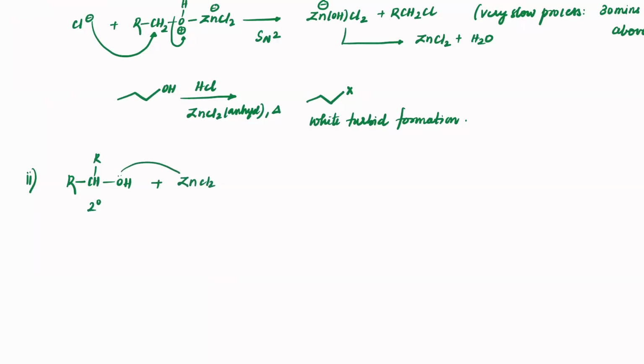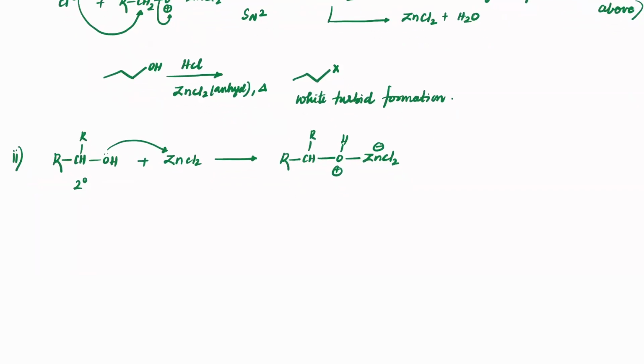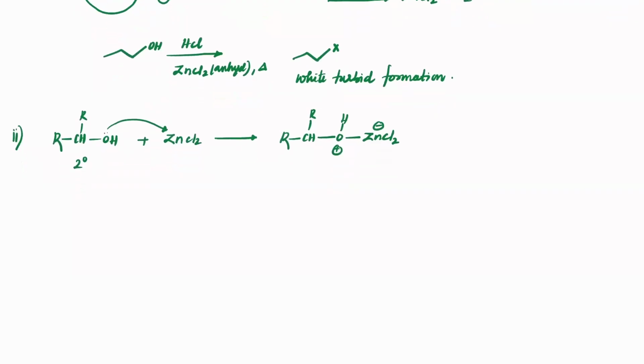So the lone pair will attack here, and this will become RCHR connected with OH plus and ZnCl2 with minus charge here, and this easily breaks into carbocation, because from second degree onwards, it will start showing a stable carbocation form.